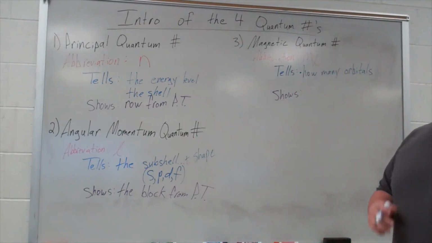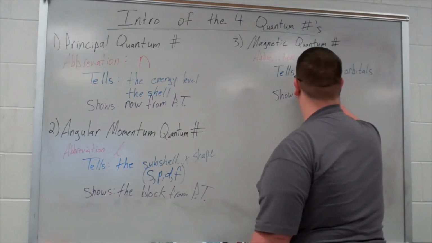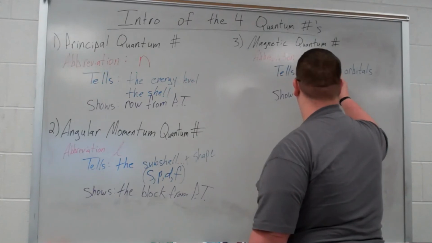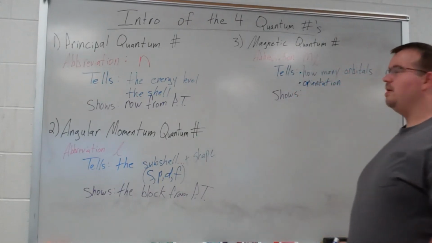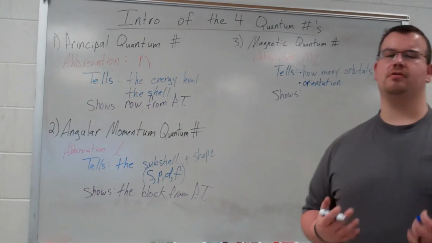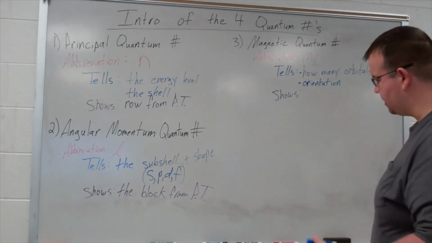It also tells us the orientation. So it will tell us the orientation of that orbital. This is where things are going to start making sense. Okay, this is where hopefully things will start to click.